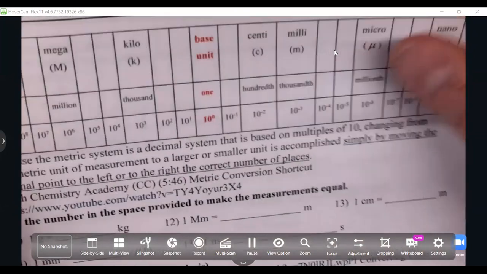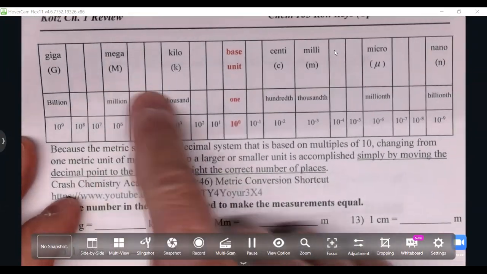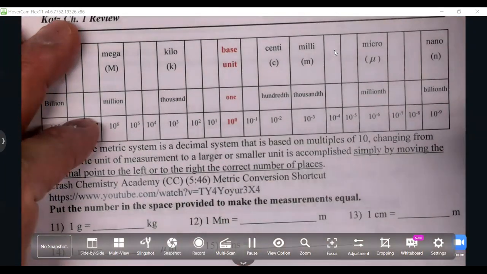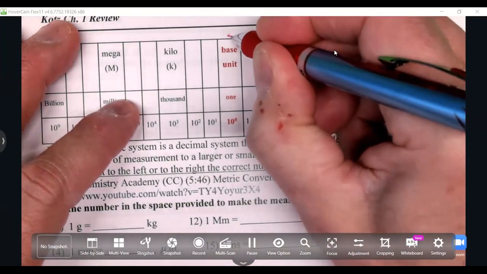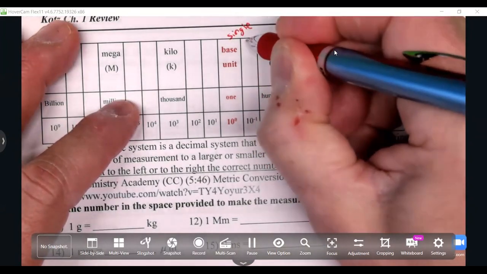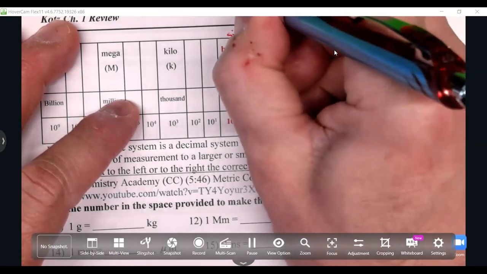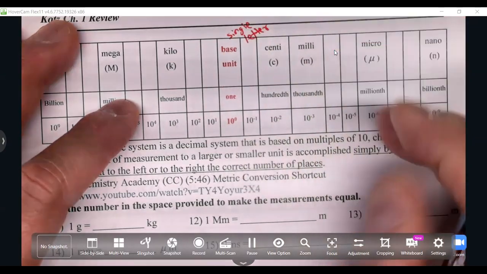And if you grew up with the metric system, you would have a chart like this memorized. Your base unit right here is just going to be a single letter. So your base unit, it could be a gram, it could be a liter, it could be seconds.